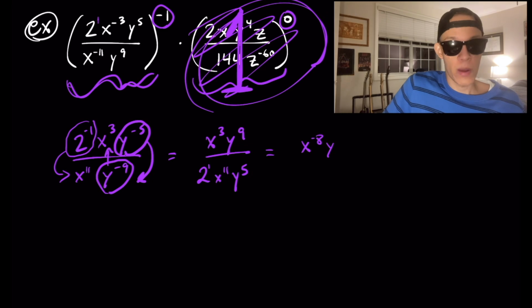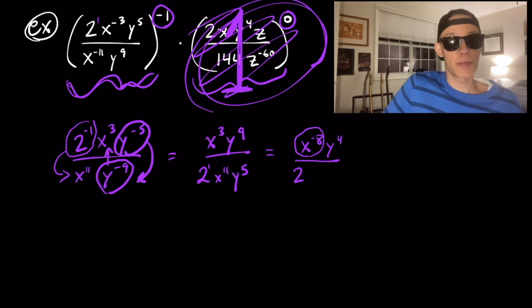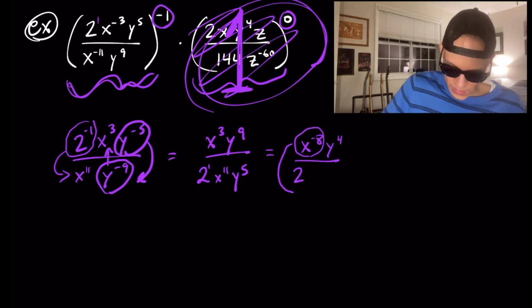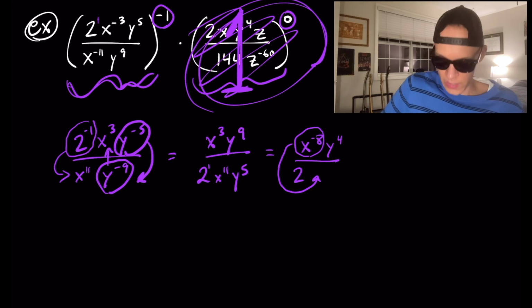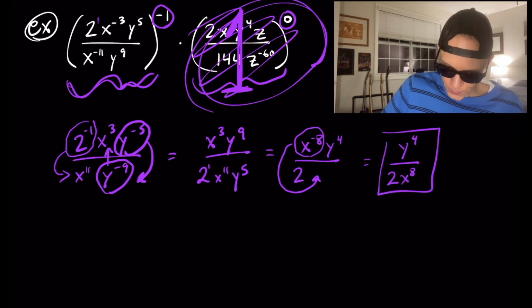Y to the 9th over y to the 5th is going to be y to the 4th, all over 2 to the 1st, or just 2. And again, I see another negative exponent appear, so I'll just take it back down and move it to the denominator. So final answer will be y to the 4th over 2x to the 8th.